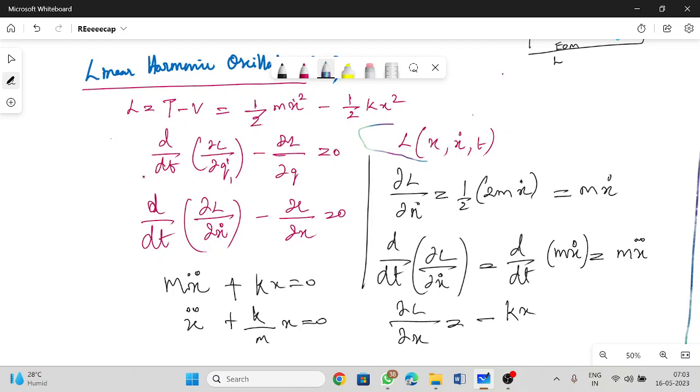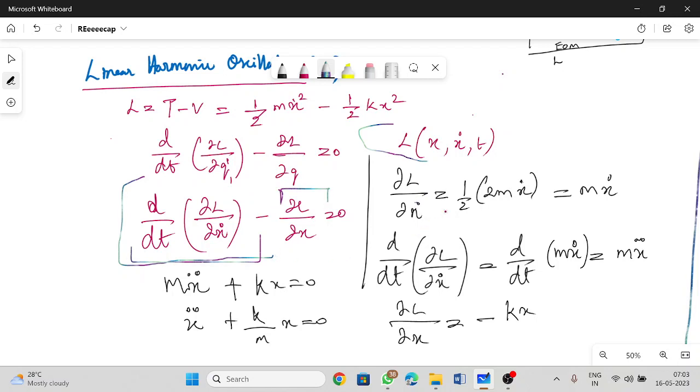So I can rewrite that Euler-Lagrange equation using x and x dot, right? Then I have to find this term, d by dt of dou L by dou x dot, and I have to find the other term, right? With the help of L, I can do that.